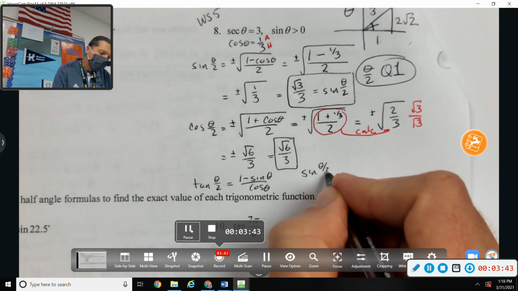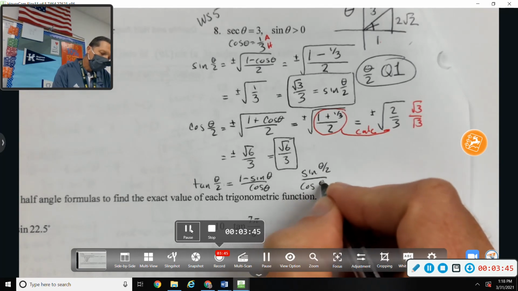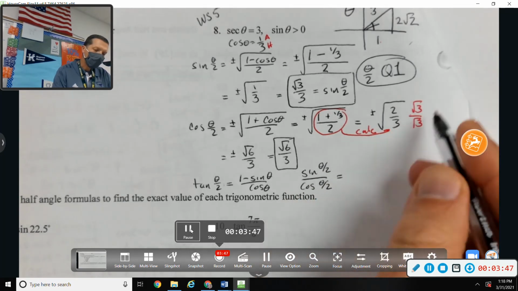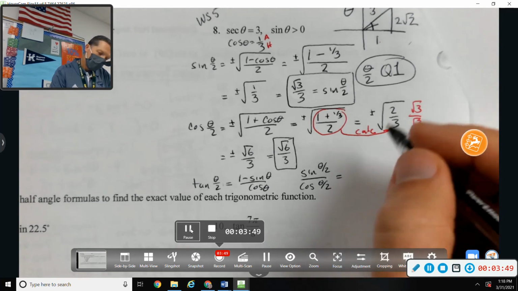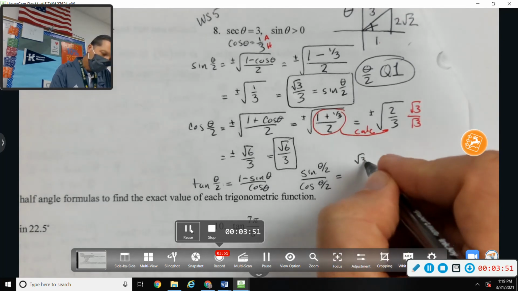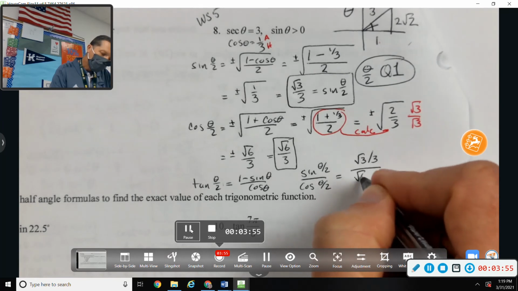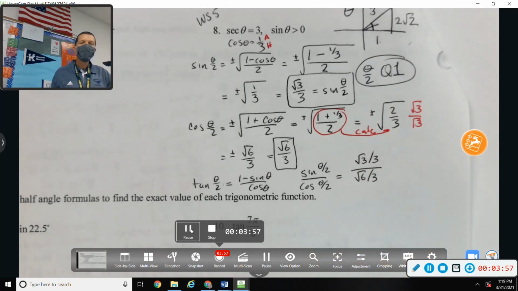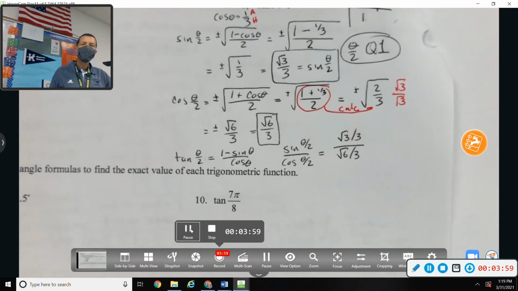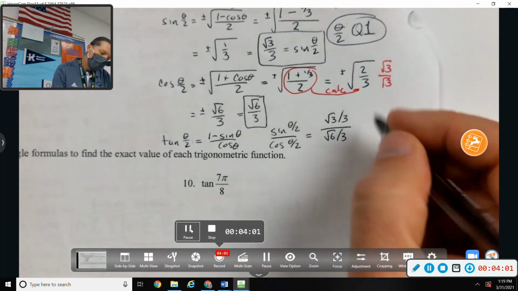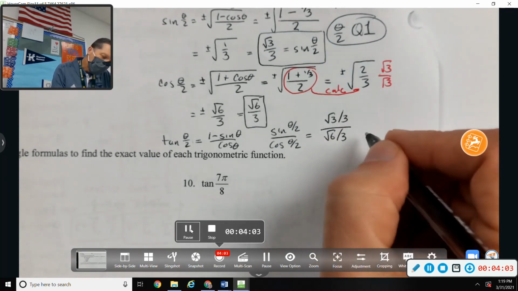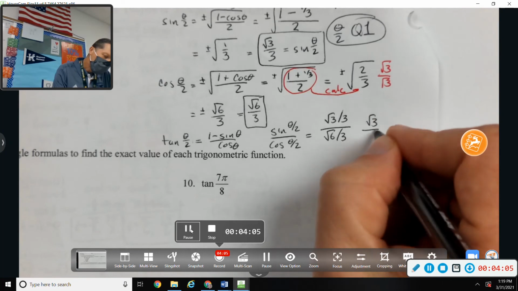Sine of theta over 2 over cosine of theta over 2, since I have those already found. So root 3 over 3 divided by root 6 over 3. Still a little bit of cleanup to do. The root 3's would cancel, and I'd have root 3 over root 6.